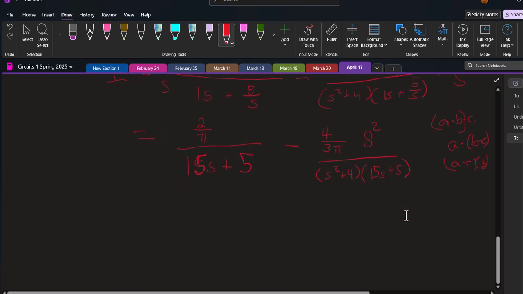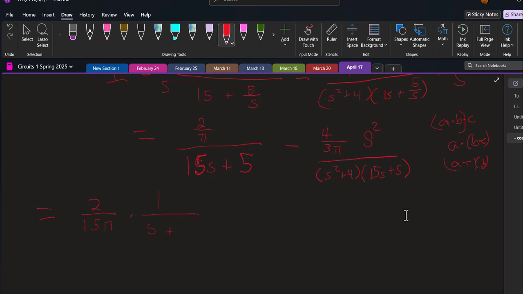Okay, so our first fraction is good to go for taking the inverse Laplace transform, because if I take a 15 out of the denominator, I'll have 2 over 15 pi times 1 over s plus 1/3.